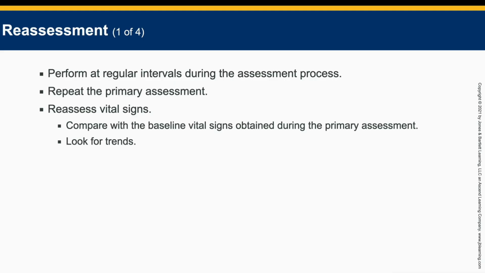We should also reassess vital signs and compare them to the baseline vital signs that we obtained early in the primary assessment. This allows us to identify trends over time, which can provide important clues about the patient's condition. Recognizing trends rather than focusing on a single set of numbers helps guide our treatment decisions and ensures the patients receive the most appropriate care.